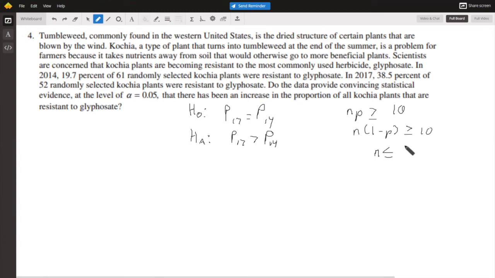Okay. But then, and I'm not sure if they're using must be less than 5% of the entire population or 10% of the population. I forgot what that requirement is now. Yeah. It's 10%, I think. Yeah. Okay, then you say the sample size is for sure, I mean, we only got 61, less than 10% of all the plants in that area that we're talking about. So we know it's a huge population, so independence is good.